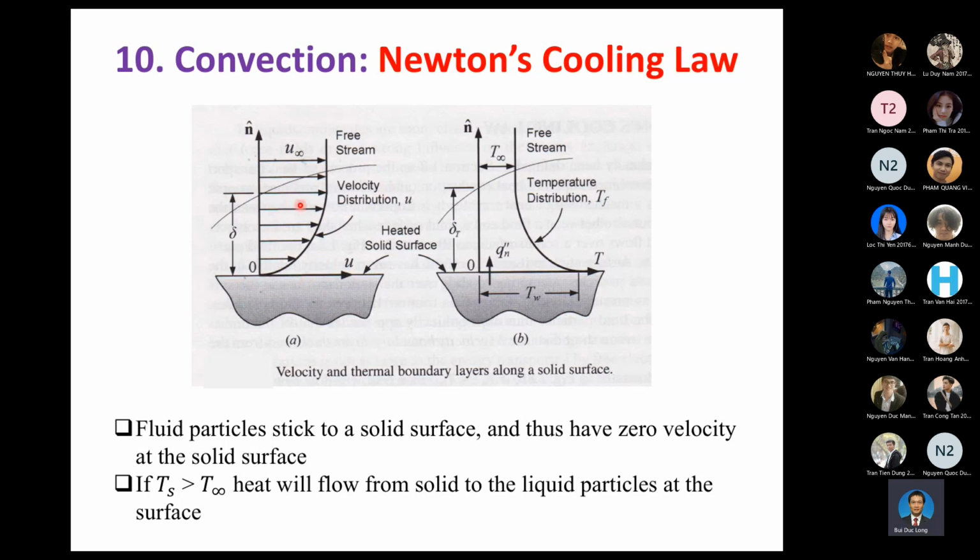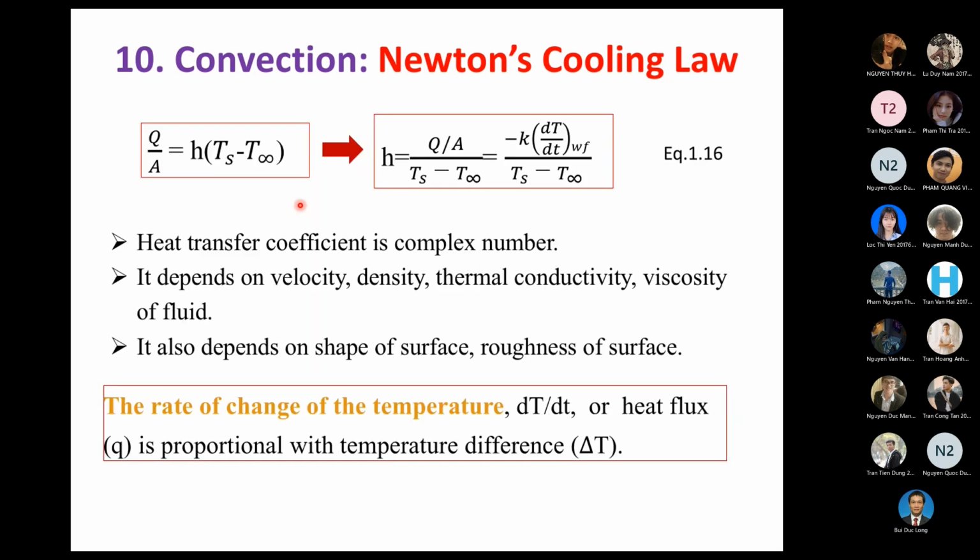For the rate of heat, we have big Q divided by A equal to h times (Ts minus T infinity). If we want to find the heat transfer coefficient, h equals Q divided by A, divided by (Ts minus T infinity).